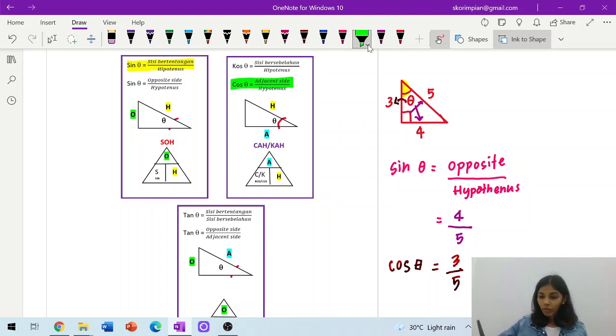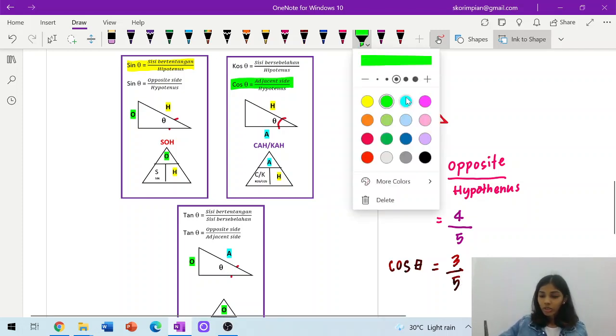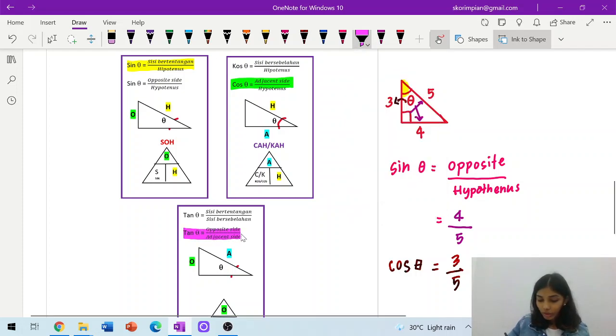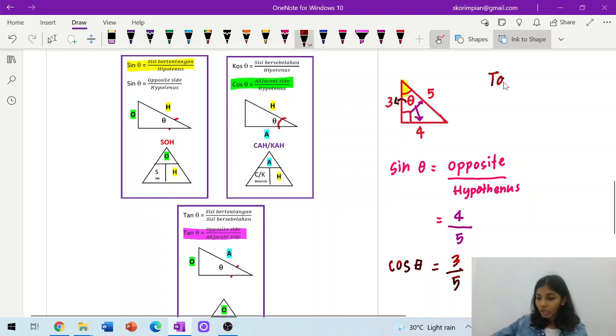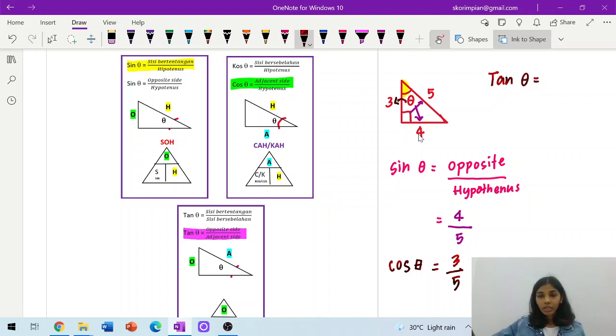And the final one is your tangent. Your tangent theta is equal to opposite over adjacent. So tangent theta is equal to your opposite here, which is still 4, and your adjacent here, bersebelahan, is 3. So this is the answer for tangent theta.